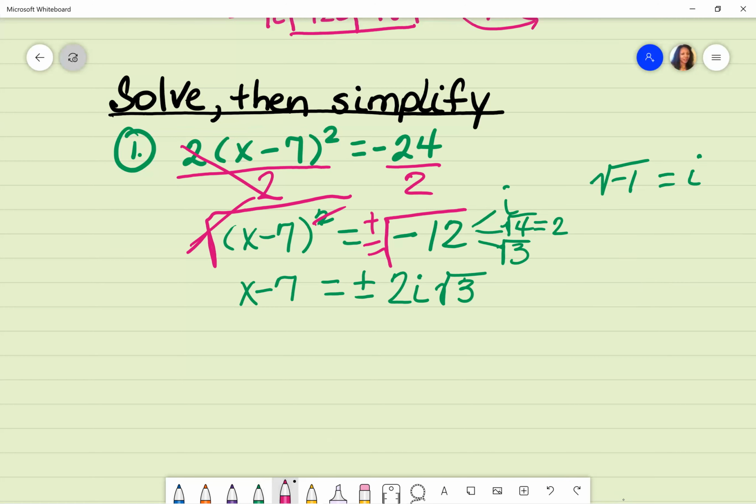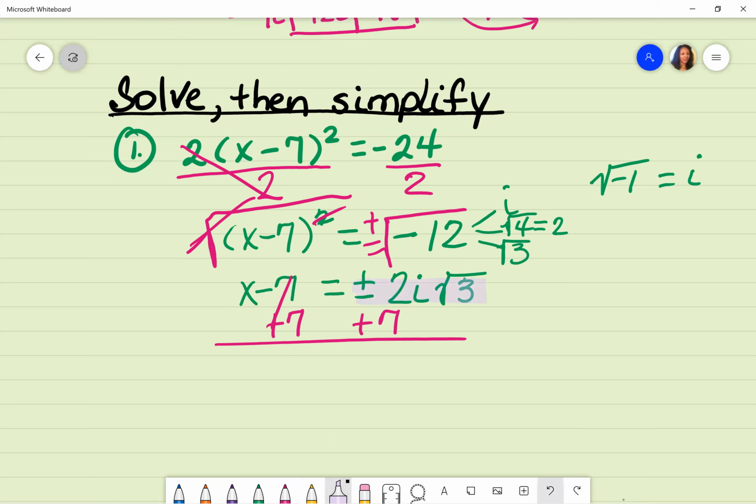At this point, x is not by itself. So how do I get it by itself? I have to add 7. Why am I adding? Because I'm trying to do the inverse, the opposite sign of a negative. So what I do to one side, I do to the other. Some of you will try to combine these numbers. You cannot combine them, because if you're looking at the radical portion, all of this is one number.